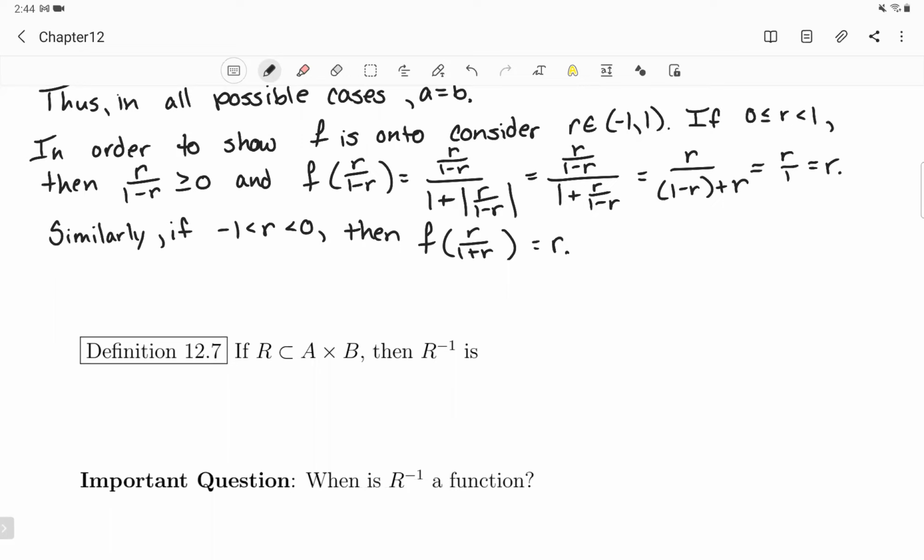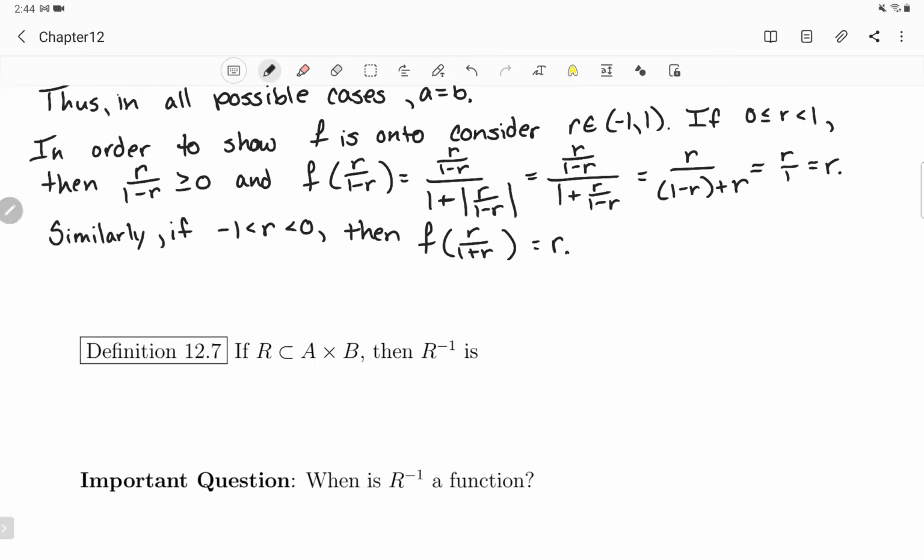So, all right. So I just showed take any R in the codomain, I can find a valid domain input to get me to that R, right? What would be the only thing that would make this input invalid? R equal to -1, but R can't equal -1, okay? Because that's an open interval.